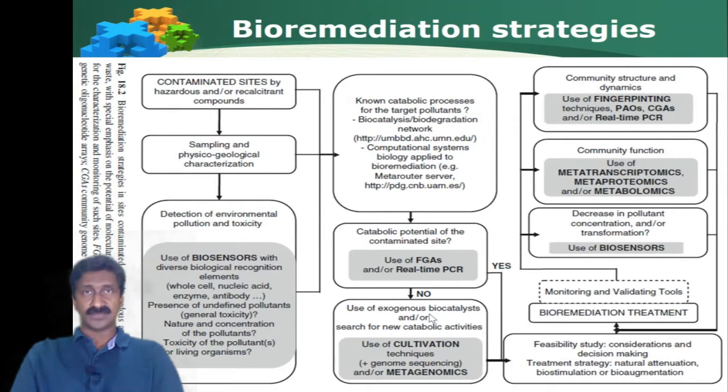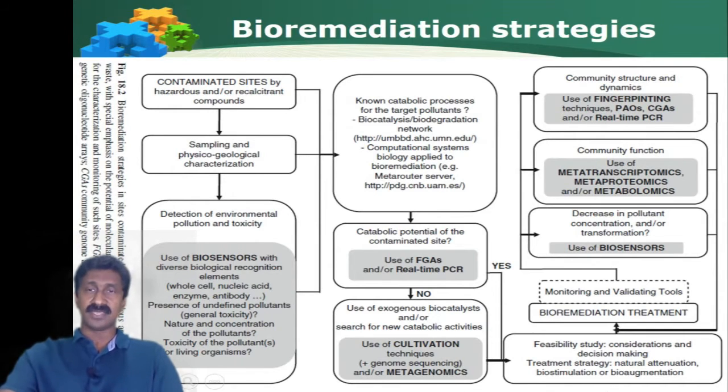That can be introduced to the site. So an exogenous biocatalytic pathway based population can be introduced. That is the next one, in which we will use some cultivation based techniques, using different metagenomic approaches for obtaining some already identified organisms from other sites, which will be introduced subsequently into the treatment site. And we will see that in the next session.